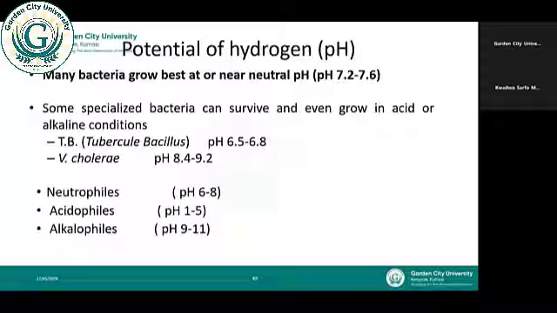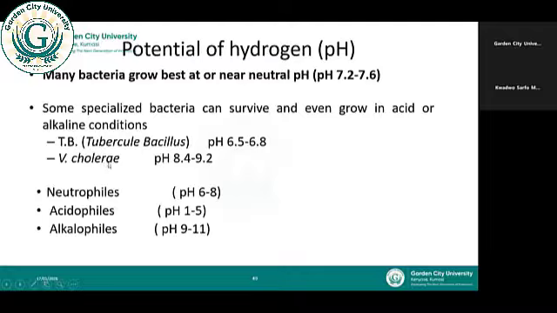So it's either acidic or alkaline, but some can hover around the neutral. Mycobacterium tuberculosis, the one that causes TB, prefers a slightly acidic environment, a pH of about 6.5 to 6.8. That is the optimum. If you lower the pH, they can survive, but the growth rate will reduce.